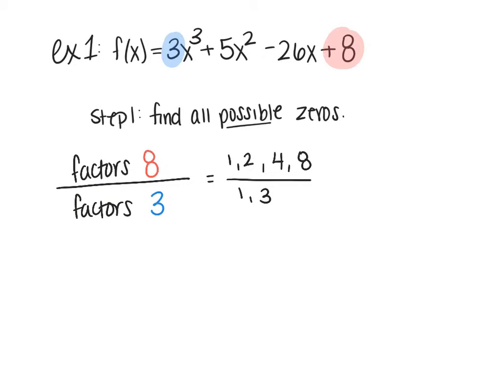So what I mean is you'll have 1 with 1 and 1 with 3. So you'll have 1 over 1, 1 over 3. And then you'll do the same thing with the other number. So then you'll have 2 over 1, 2 over 3.